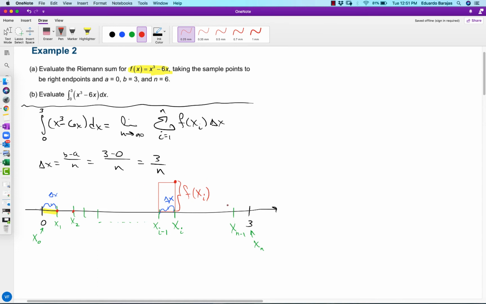So now that we have all that, let's figure out the actual values of x sub 1, x sub 2. So we've established, as we established here, that x sub 0 is equal to 0. x sub 1 is going to be equal to 0 plus 1 copy of delta x. x sub 2 will be equal to 0 plus 2 copies of delta x.